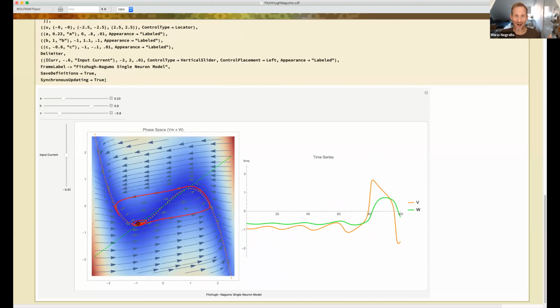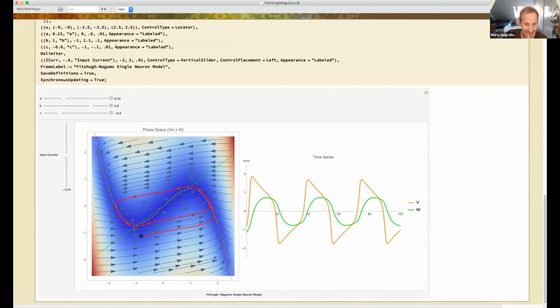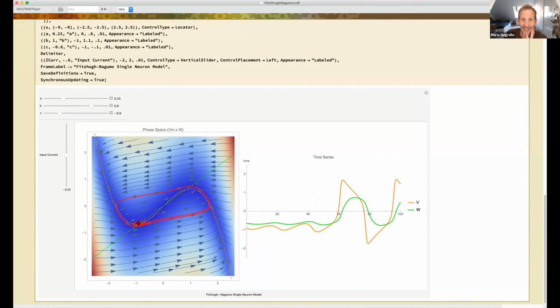So what's the threshold kind of question? If you notice, the perturbation that I gave to the neuron is very small. So the initial condition is very close to the equilibrium. Can you see that? The crosshair that determines the perturbation that I've injected in my neuron is ultra close to the equilibrium.